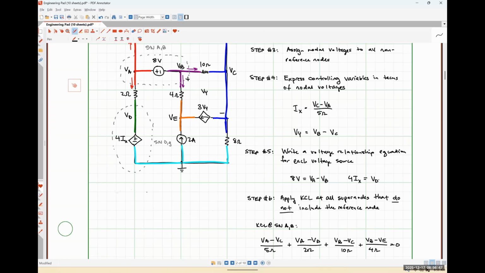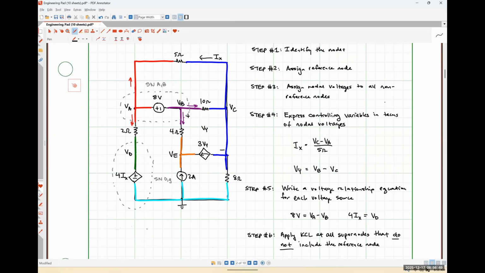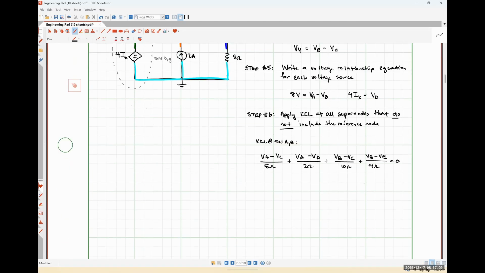You can choose to do anything past step three in whatever order you feel like. But if you come to me asking for help, I'm going to say, did you do the steps in the order I told you to? And if you didn't, I'm going to make you redo the problem in the order I told you to, just as a heads up, because this is the correct way. I'm arrogant enough to say that.